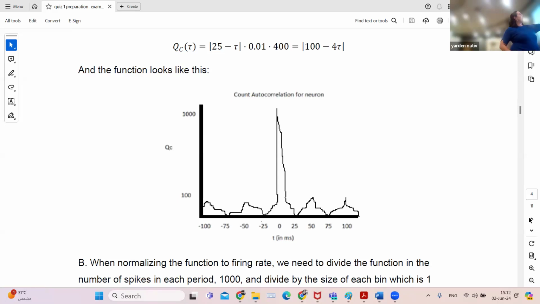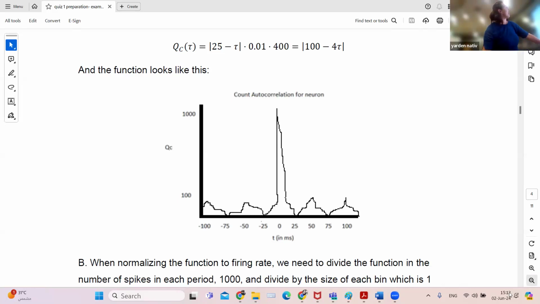But here at 0 it is 1,000, and here at 50 it is 100. At 25 it's 0, and it should look linear.